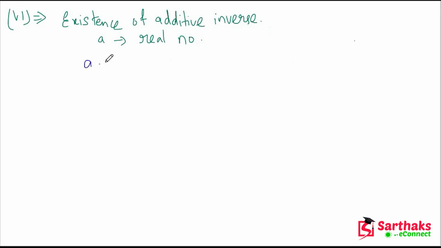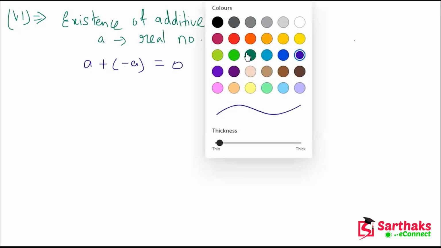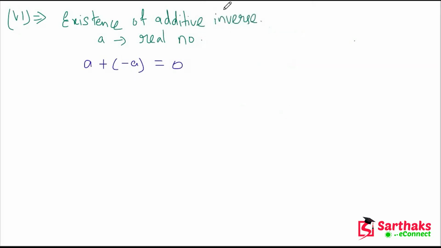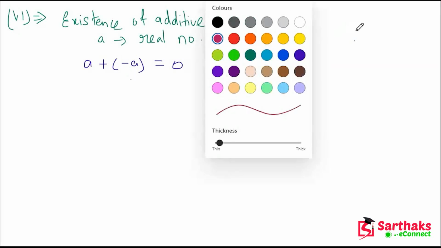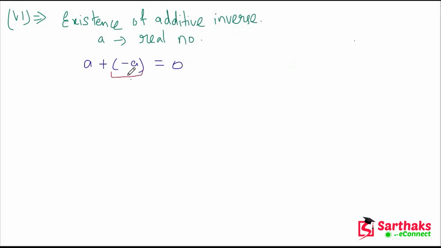Like if we add minus a, the negation of a, then we get 0. So this minus a, this negative of a, is our additive inverse. There exists a real number minus a, so that a plus minus a is equal to 0. I hope you get this point.